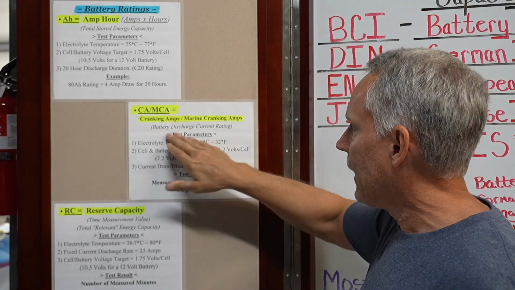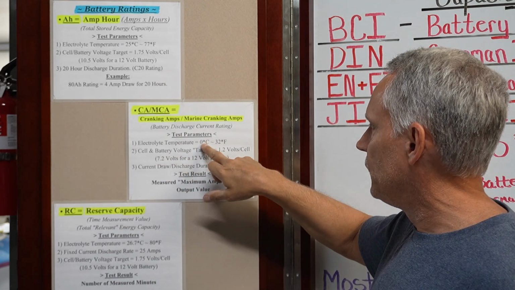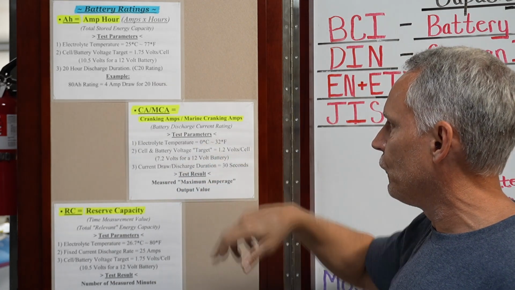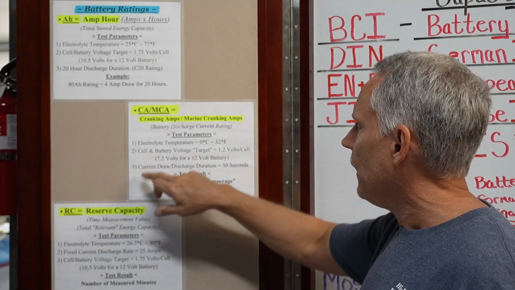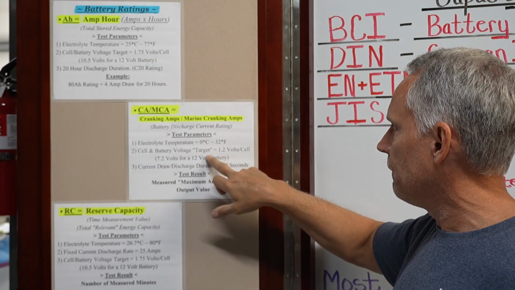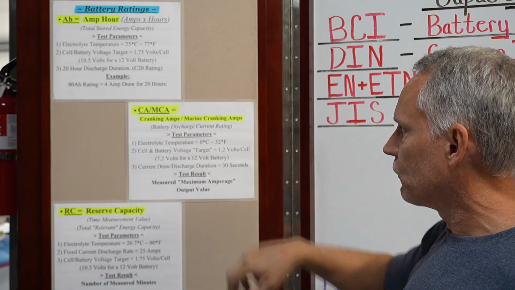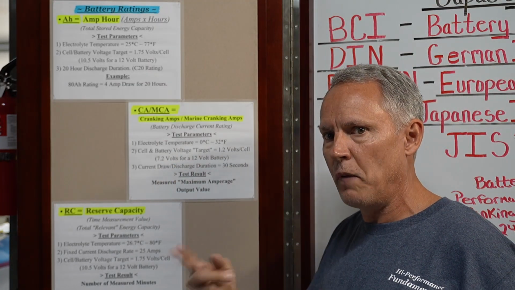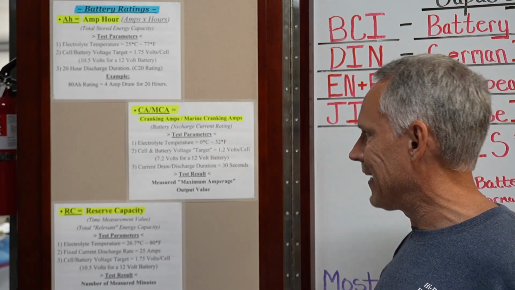So for cranking amps, the electrolyte temperature is 0 degrees Celsius or 32 degrees Fahrenheit. That's basically the battery or the electrolyte temperature. The cell and battery voltage target is going to be 1.2 volts per cell, or 7.2 volts for a 12 volt 6 cell battery. The current draw discharge duration is 30 seconds.